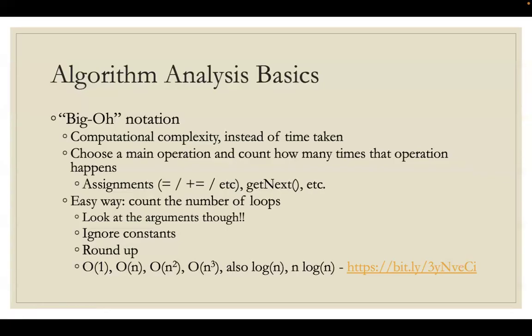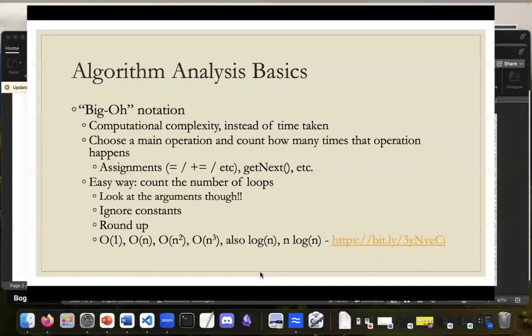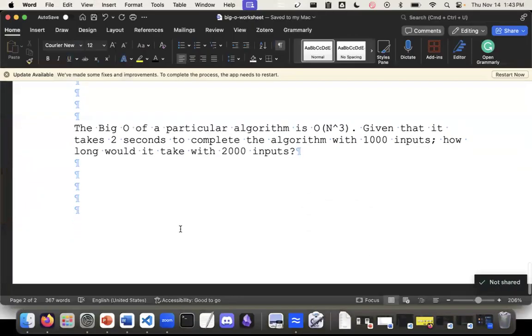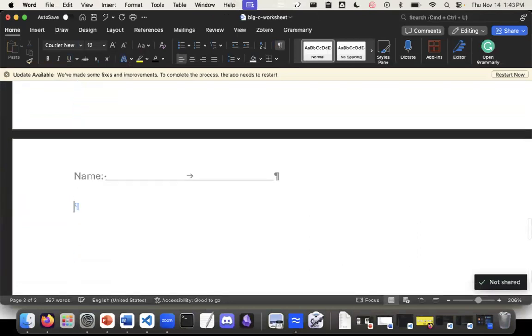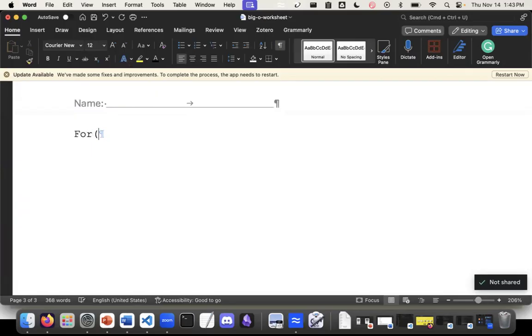Let's see, hold on, do I have an easy one on here? Kind of. Okay, let's say we have a loop, and up above the loop we have int x equals 0.